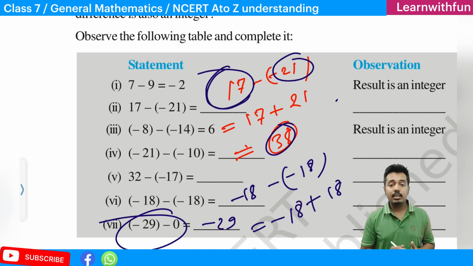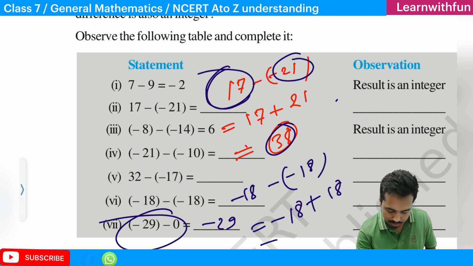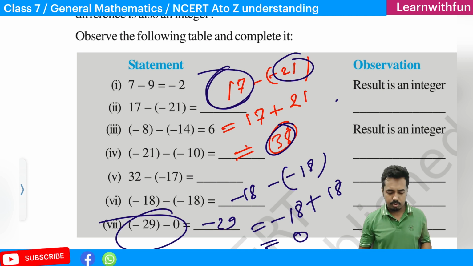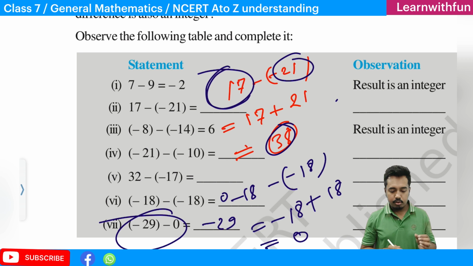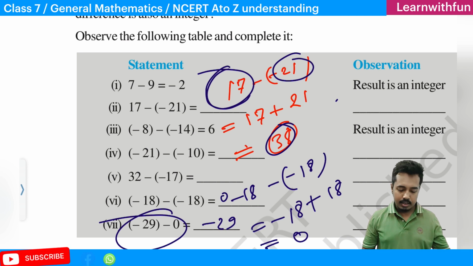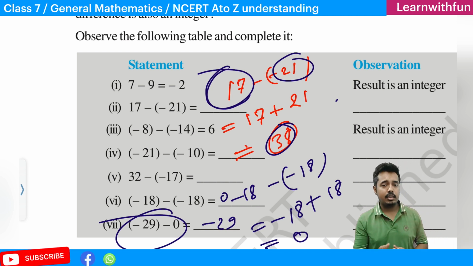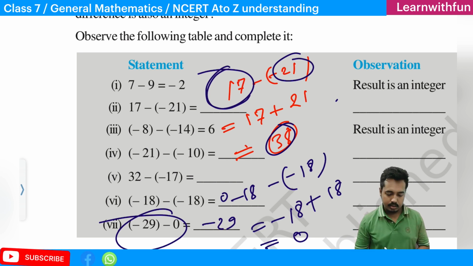So minus 18 and plus 18 will combine to give 0. So the result is 0, but 0 is also an integer. So we are getting integers when we subtract one integer from another integer. So we can say that closure property is also obeyed in case of subtraction of integers.